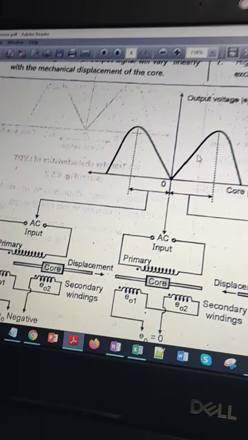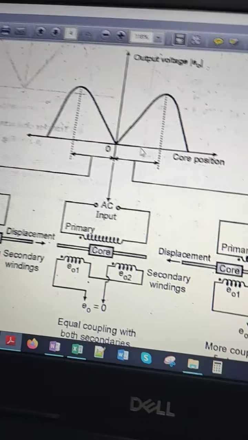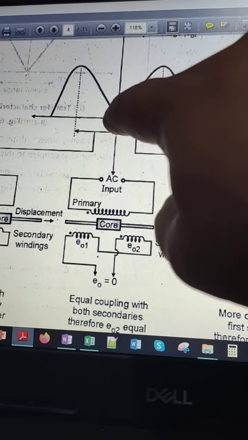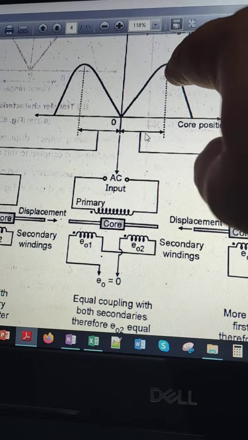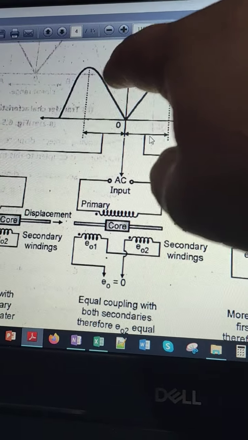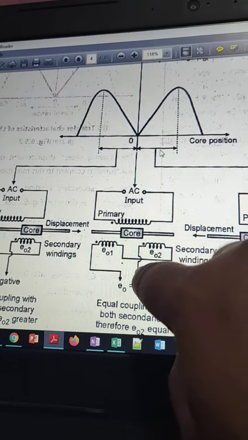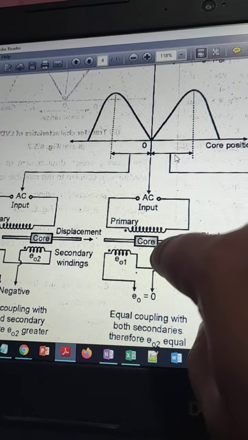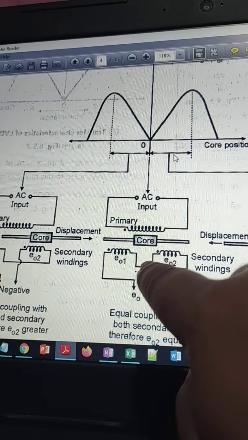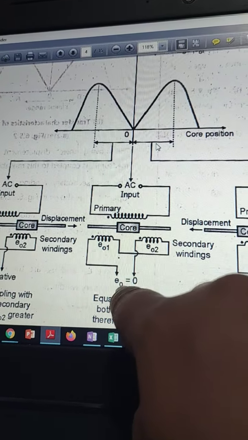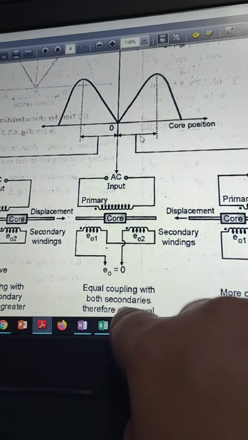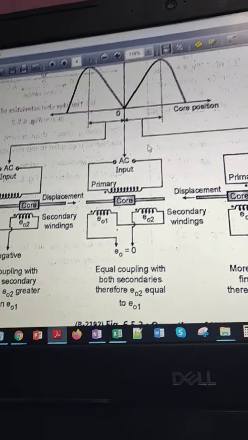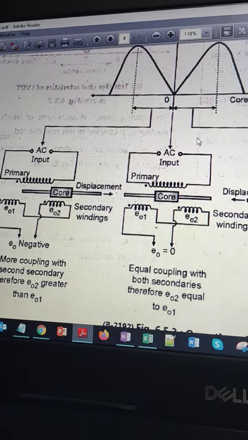This is one typical curve: output voltage versus core position. Here we consider when E02 is greater and when E01 is greater. When we apply AC input to the primary and the core is at the center position, E01 is equal to E02, so there is equal coupling with both secondary windings, and we get output voltage 0.